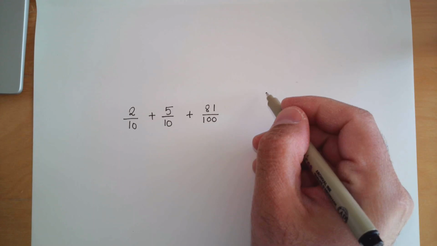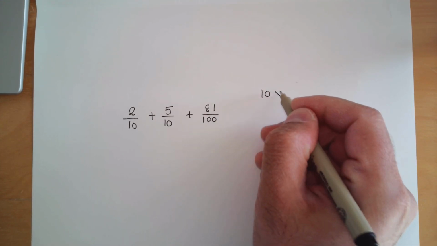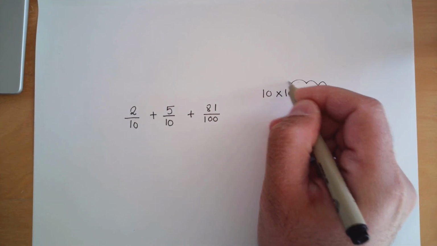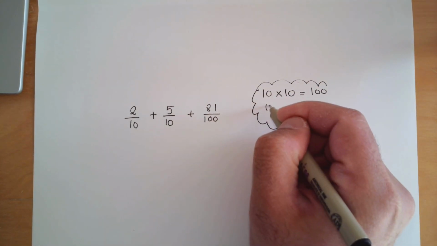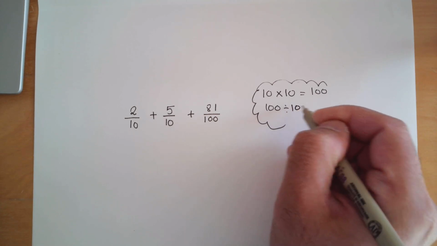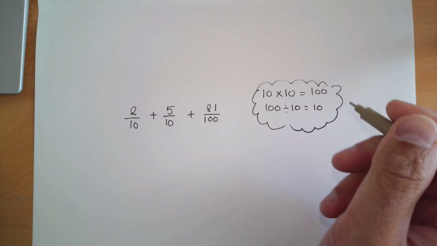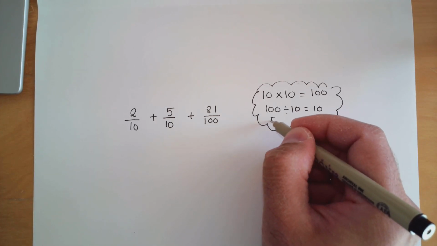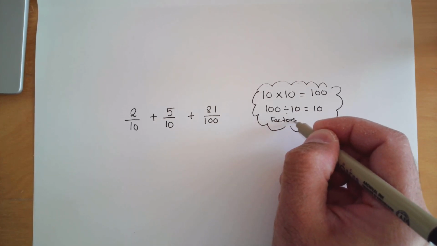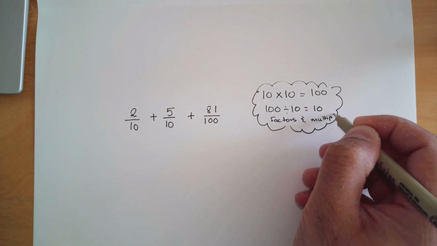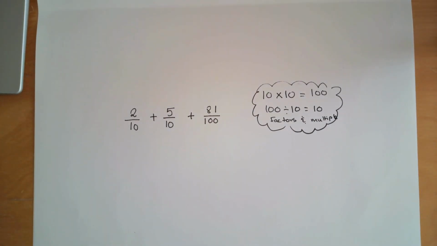Remember that 10 times 10 gives us 100, and 100 divided by 10 gives us 10. Because these numbers are factors and multiples, we have a factor and multiple relationship here.